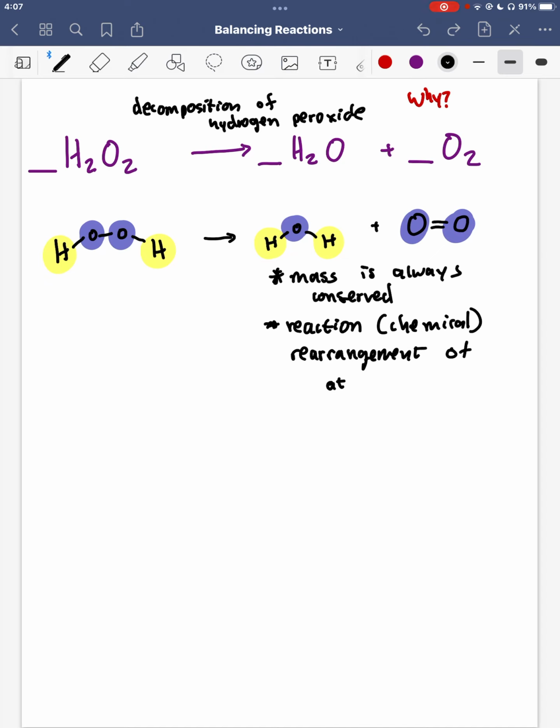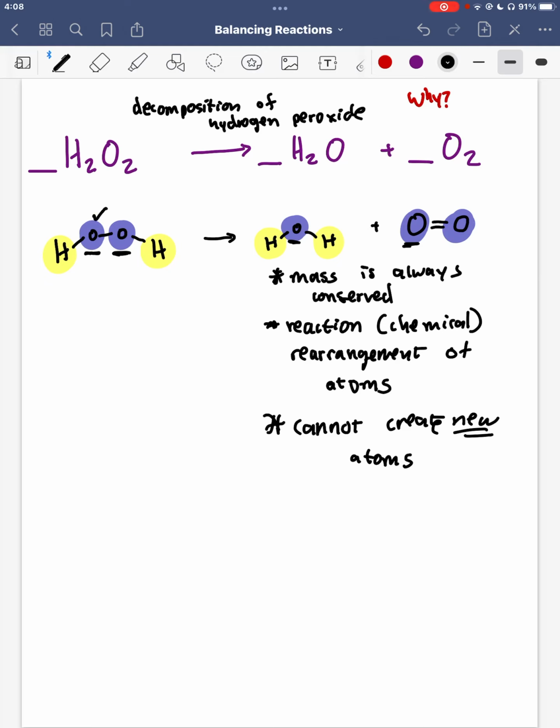So that means that a reaction cannot create new atoms. If I start with a certain number of oxygen atoms, I need to end with the same number. And right now, that's not what I'm showing.